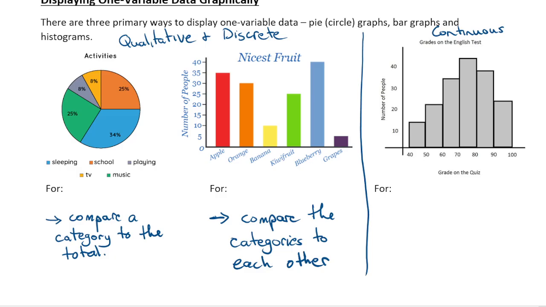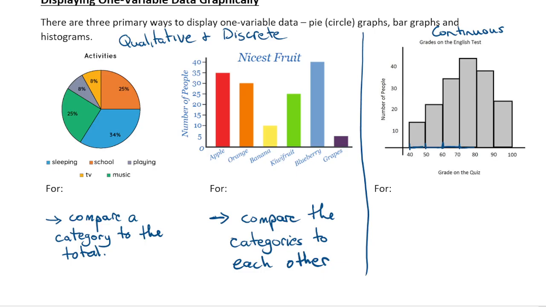Well, you see with these first two, they are separate categories, right? They are individual categories. You have to be in one category or another. In the continuous, there's no gaps between the bars, right? Every number is represented somewhere here.